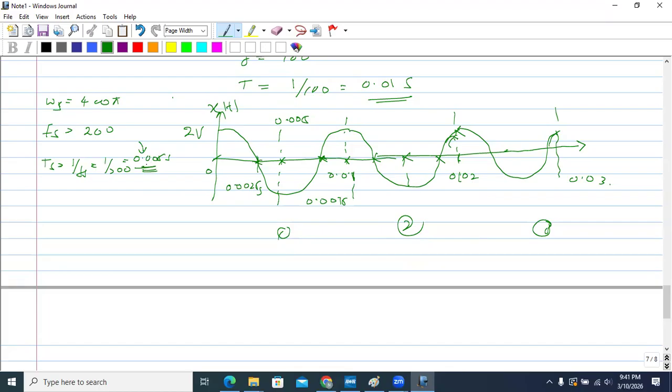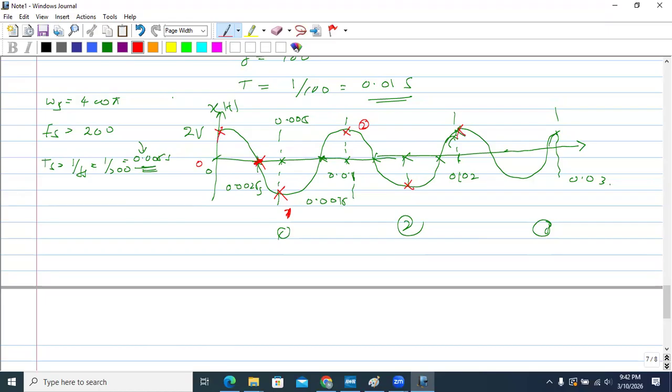For example, if you get one sample here, the next sample you will get after 0.005 here. This is the 0th sample. This is the first sample. The second sample you will get here, the third sample here, the fourth sample here.